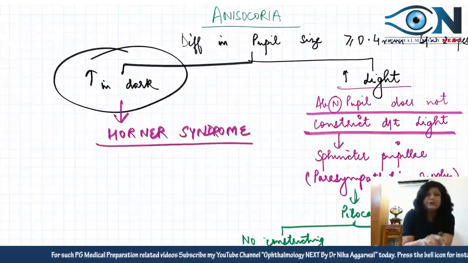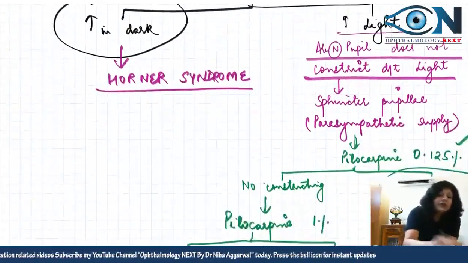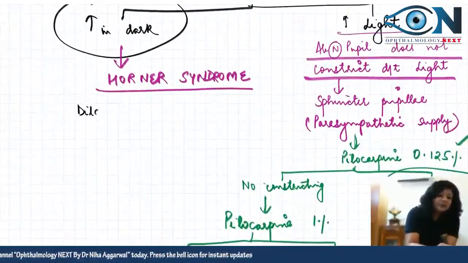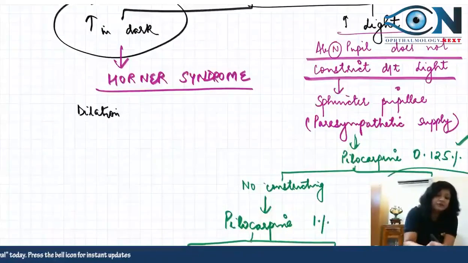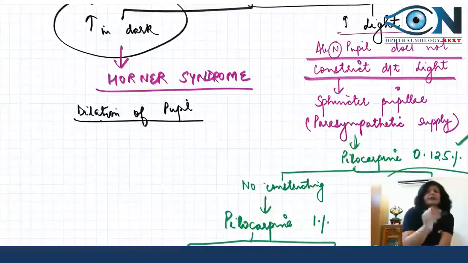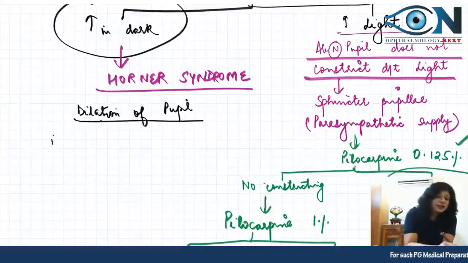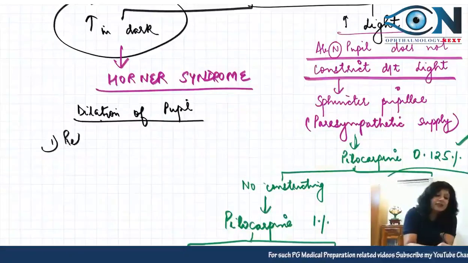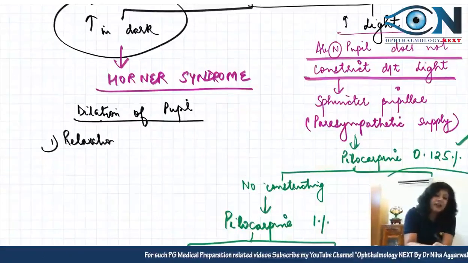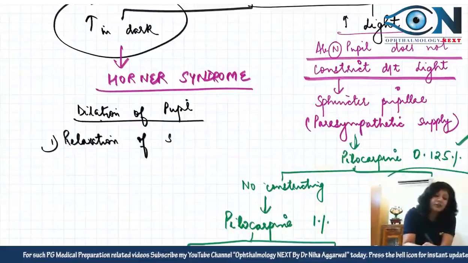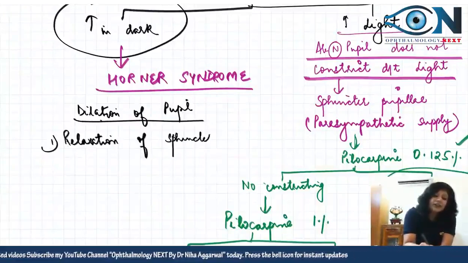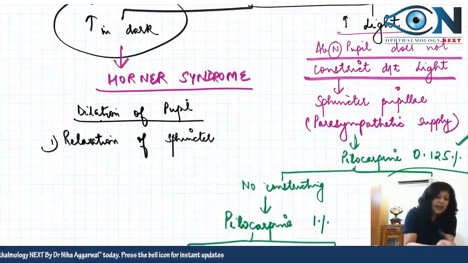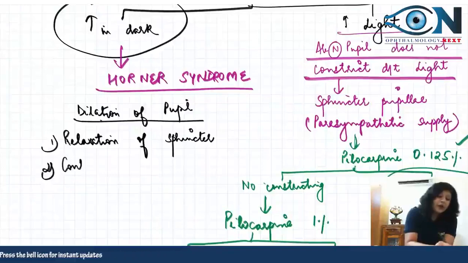Actually what happens, whenever we have the dilatation of the pupil, it is due to two reasons. First, there will be relaxation of the sphincter, right? And number two, it is the contraction of which muscle?